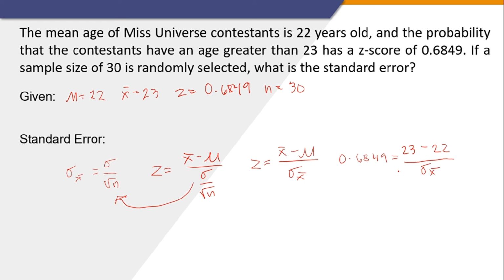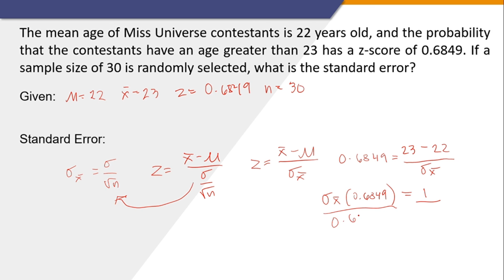So, after the substitution, mag-cross multiply tayo. So, standard error times 0.6849 equals 23 minus 22, that's 1. So, for the next step, divide natin both sides with 0.6849 para ito na lang yung maiiwan dito sa left side.